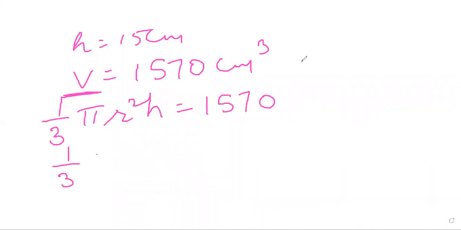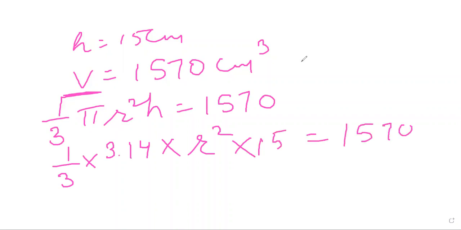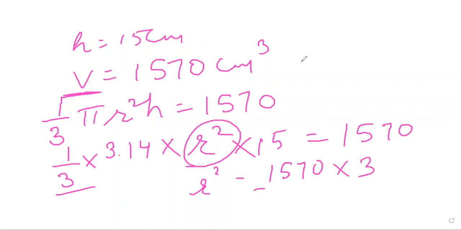So 1 upon 3 into 3.14 into r, which we have to find out and will keep as it is, into height 15 centimeter, is equal to 1570. So now we will find r square. R square is equal to 1570, 3 will be multiplied by 15 and 3.14 will be divided. Now we'll solve it.